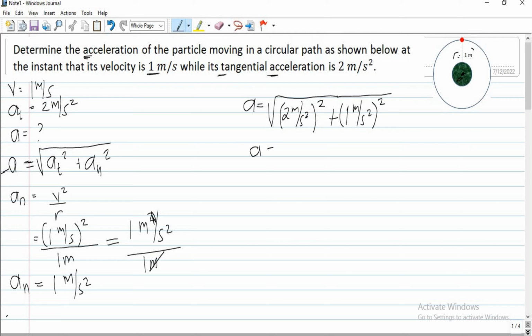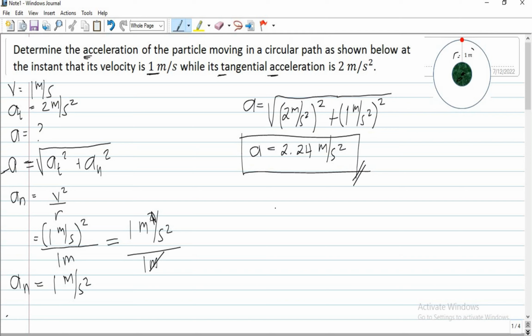You try to input this in your calculator. This is equal to 2.24 meter per second squared. Ito ngayon yung hinahanap na acceleration sa problem.